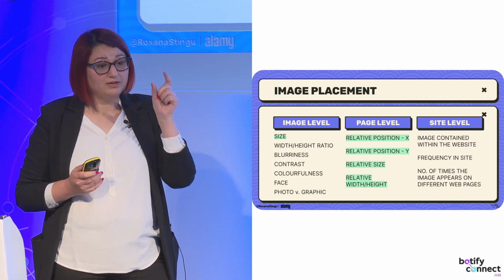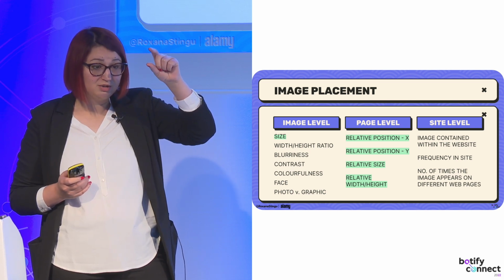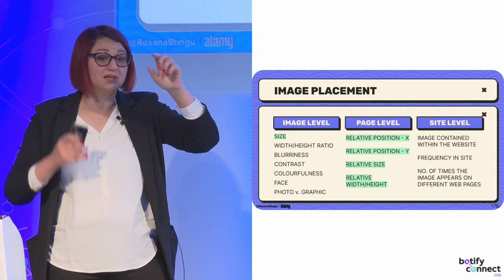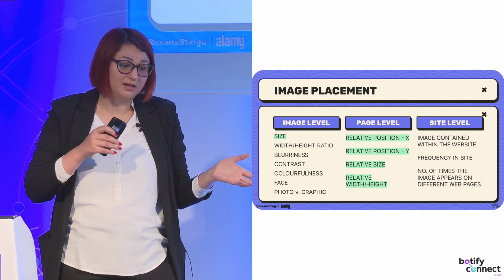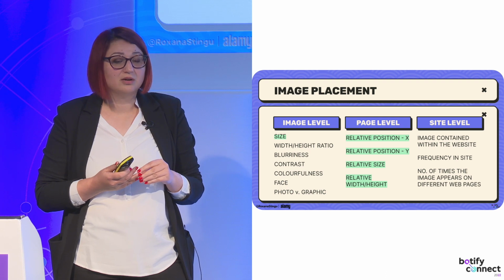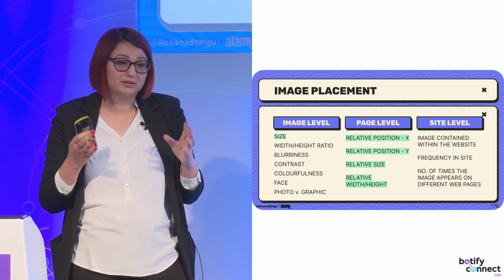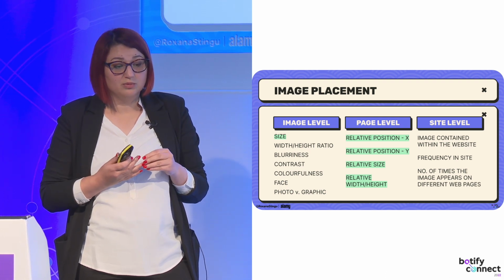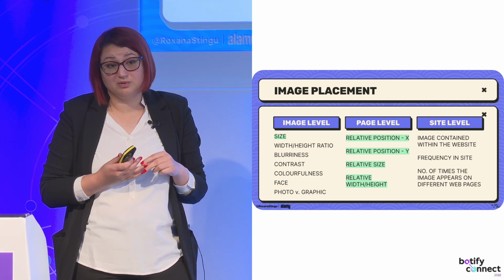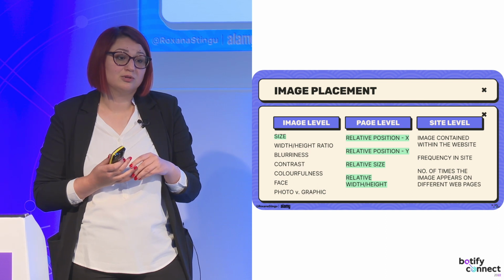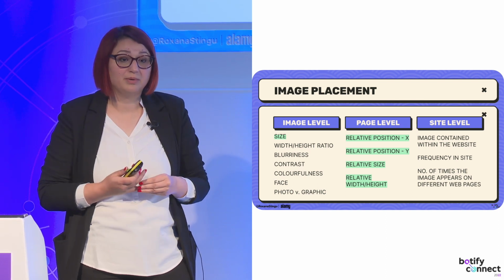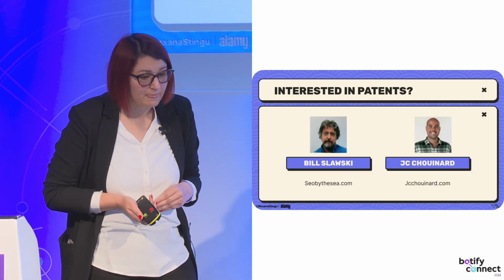If you have a very small image at the top of the page, but that image occupies about 2% of the entire page, it's not going to pass the relative size score, so it's not going to be considered a very important image for the page. So yes, it's good to place your images high, but that's not the only factor you should consider. It should also be a prominent image for that page if you want it to do well.